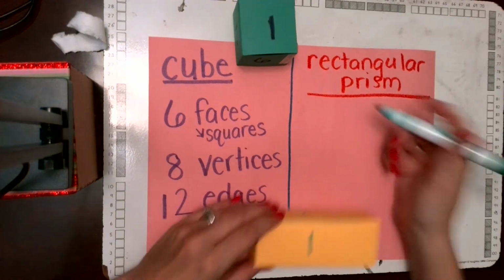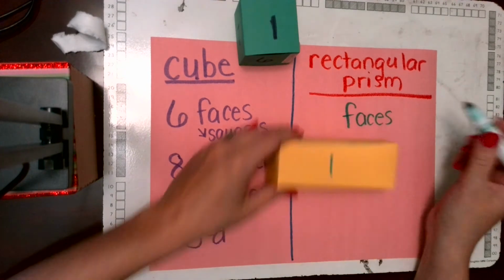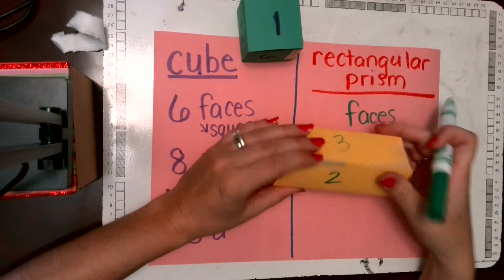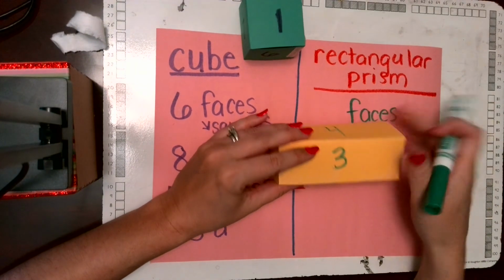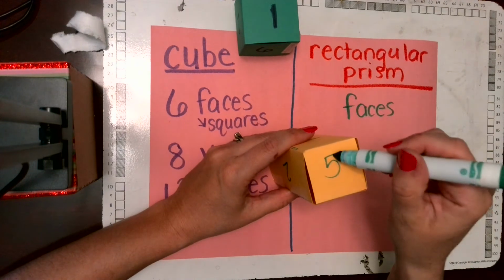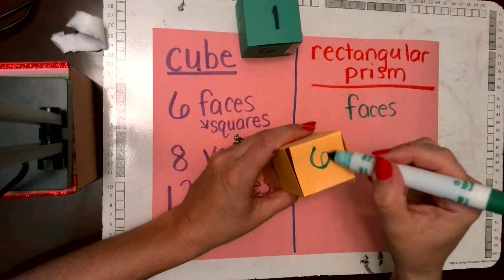So let's go ahead and start with the faces again, and let's go ahead and count the faces. That's face number 1, face number 2, number 3, number 4, up here is number 5, and flip it for number 6.